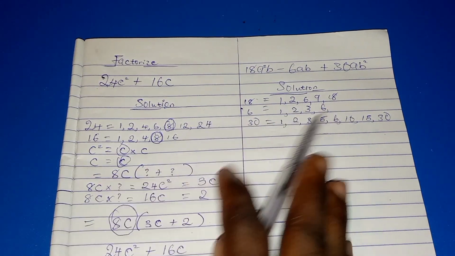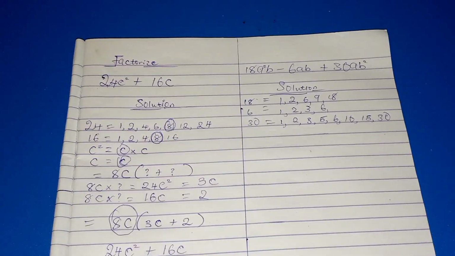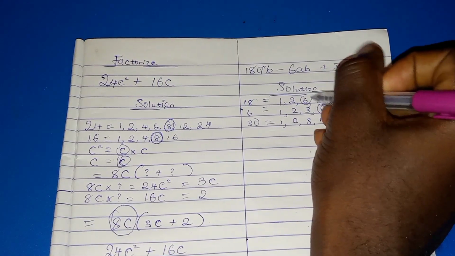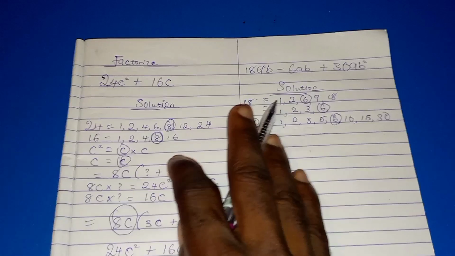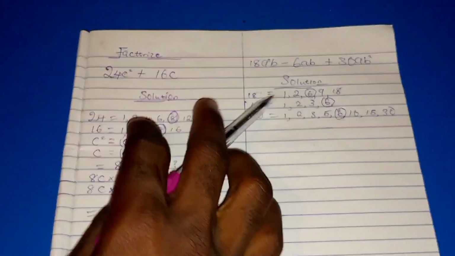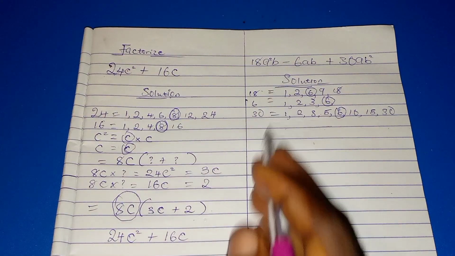These are the factors of these given numbers. Now, what is the common factor of these three numbers? We find 6 in each. That is the highest common factor, because 2 and the others are lower. 6 is the highest common factor of these three given numbers.